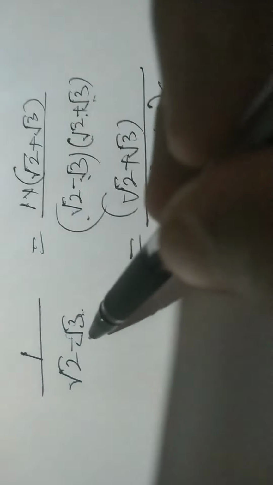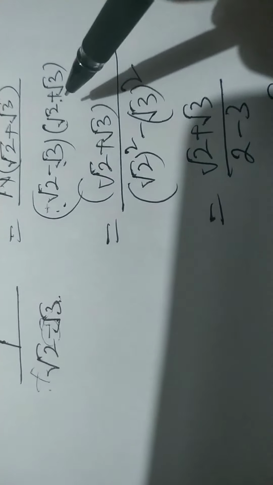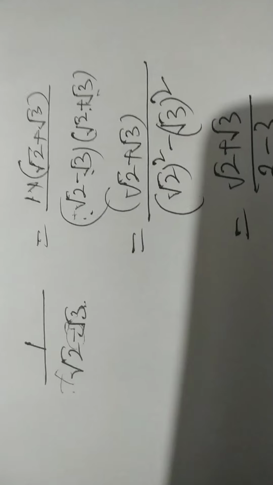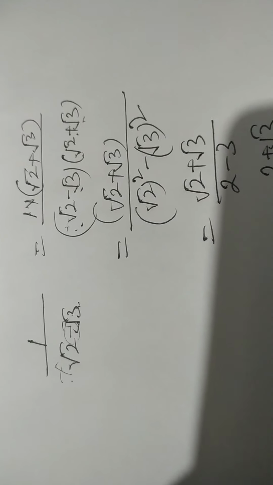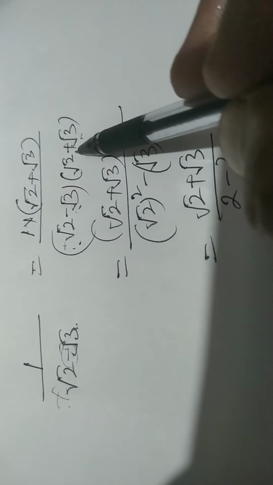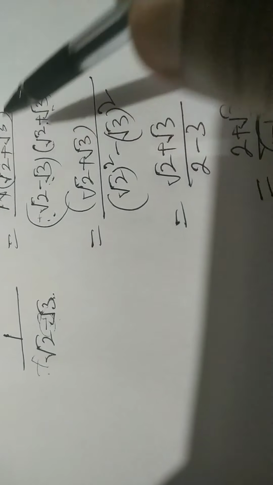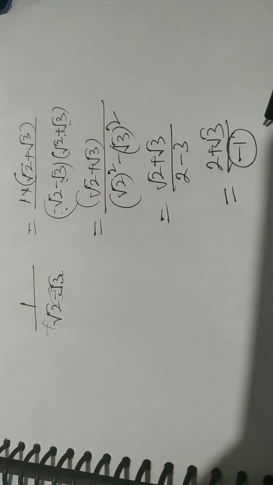If it is a minus sign, we multiply by a plus sign, and if it is a plus sign, we write minus. So we get the result, and the denominator is now a rational number.